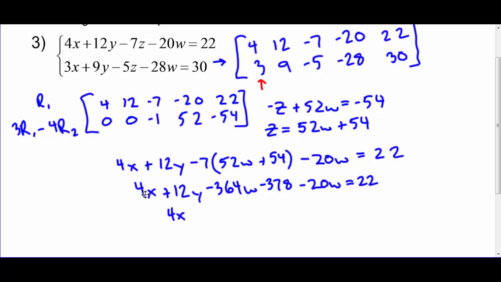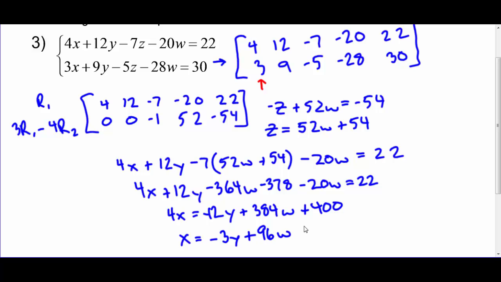I honestly have the choice between x and y, what I want to solve for. I'd rather divide by 4 than divide by 12. There's really no reason other than that I'm choosing x. So I'll have 4x equals negative 12y plus 384w plus 400, and then I divide everything by 4 and I get negative 3y plus 96w plus 100.